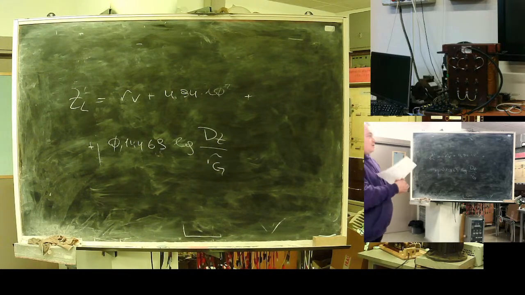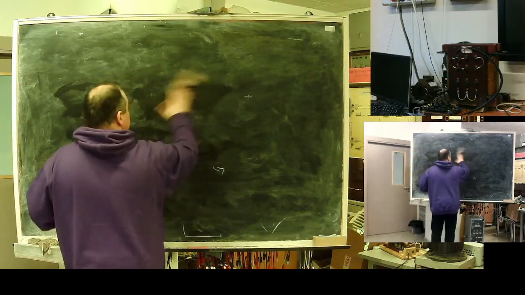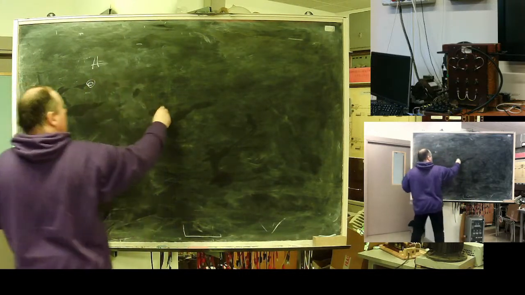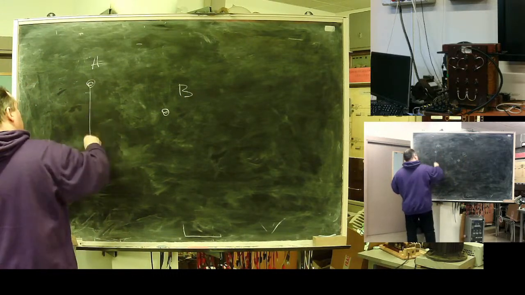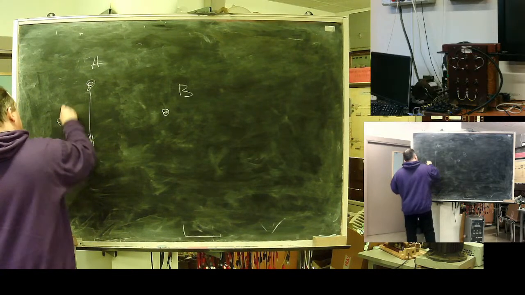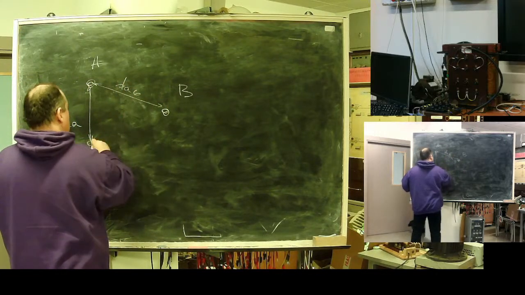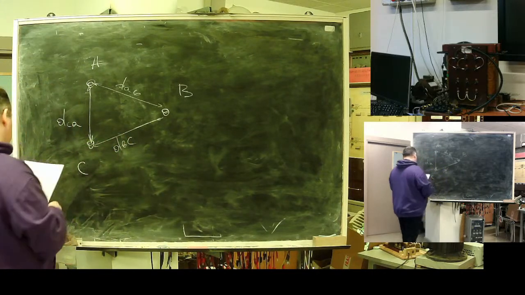We need to get some model for a three-wire system. So I have A, B, C phases, with distances DAB and DBC between them.